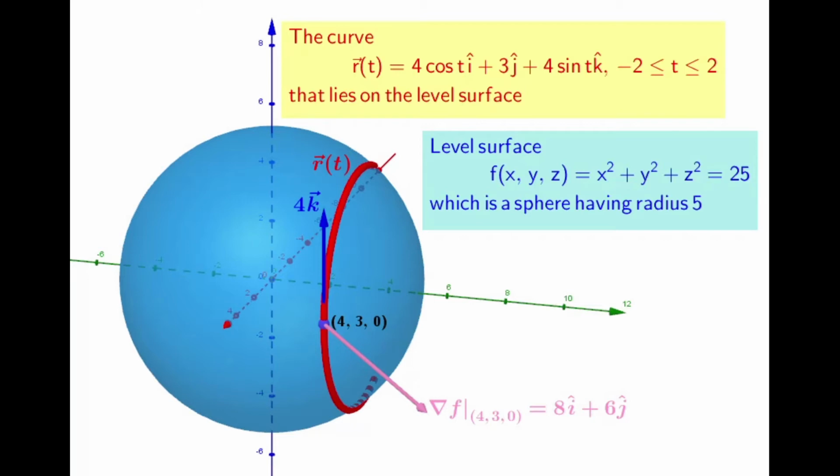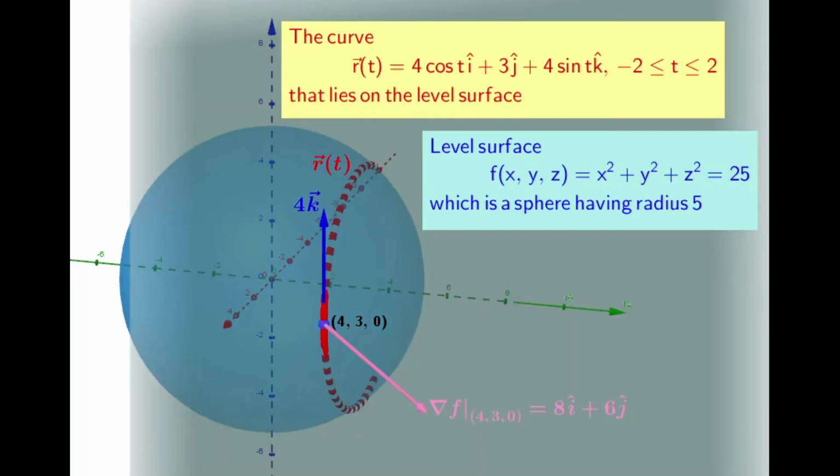So it follows that grad f is a vector perpendicular to each tangent line, and the collection of all tangent lines at the point (4, 3, 0) are members of a plane called the tangent plane, and hence the tangent plane at the point (4, 3, 0) on the level surface is orthogonal or perpendicular to the vector gradient of f evaluated at (4, 3, 0), and it is shown in the figure.